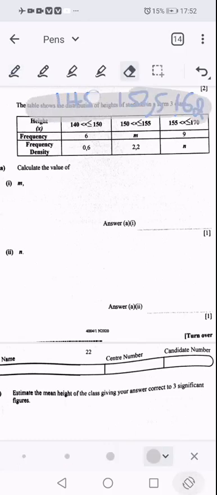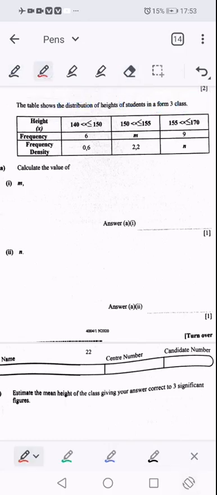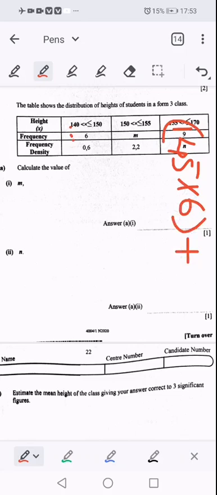So my mean is equal to the first class center, 145, times the frequency of this class, which is 6, plus the next class center, 152.5, times its frequency, which is 11.